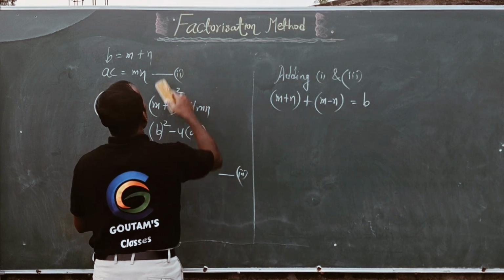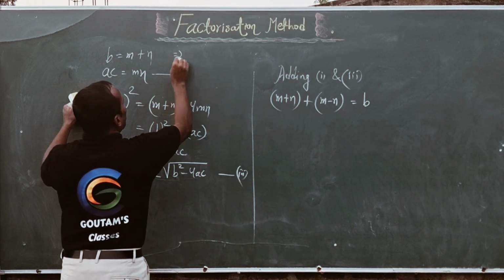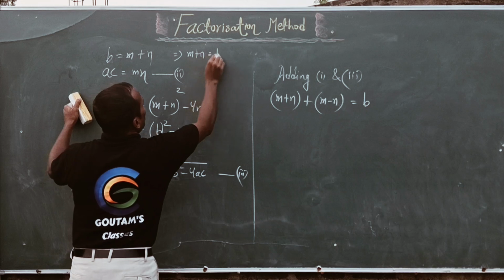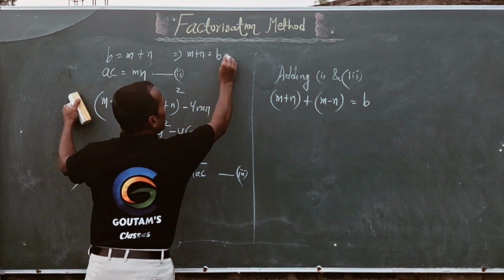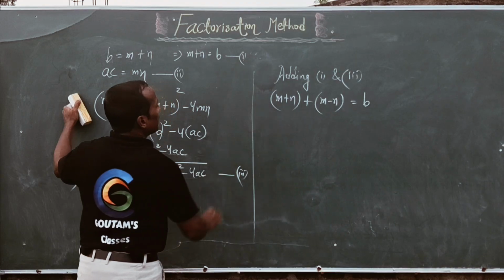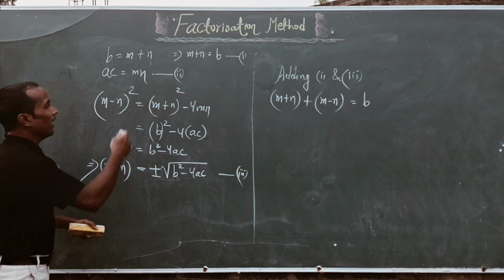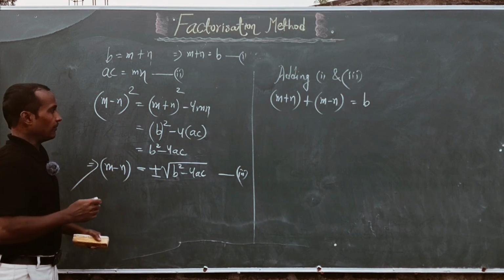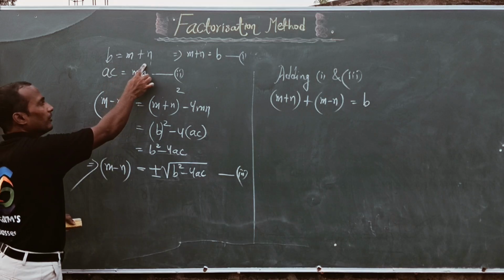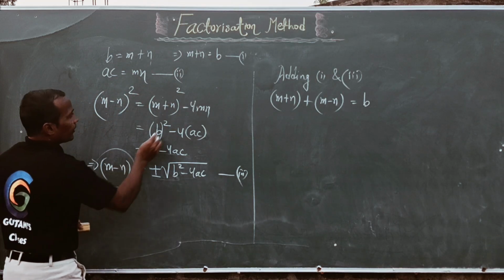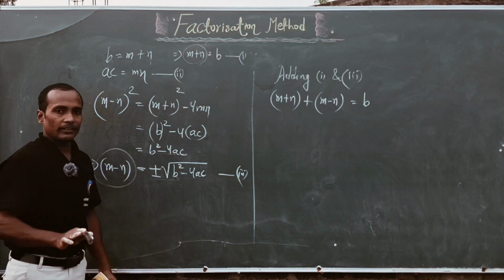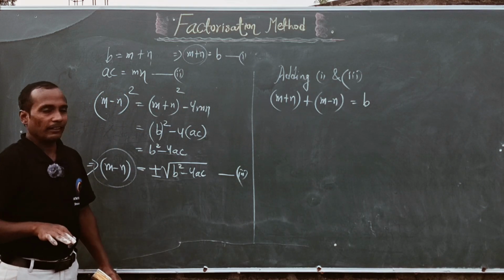This can be written as M plus N is equal to B, for your easy understanding. Those who wonder why I added LHS with RHS, for them I'm making it clear: B is equal to M plus N means it can be written as M plus N is equal to B. Now you can understand that LHS is added to LHS. It is actually the same thing.